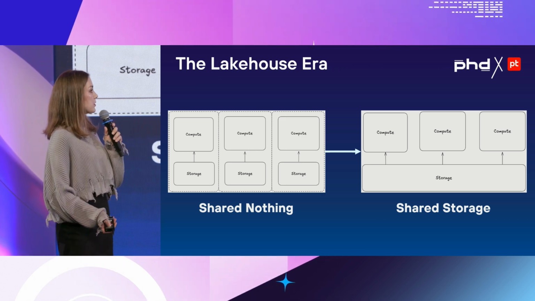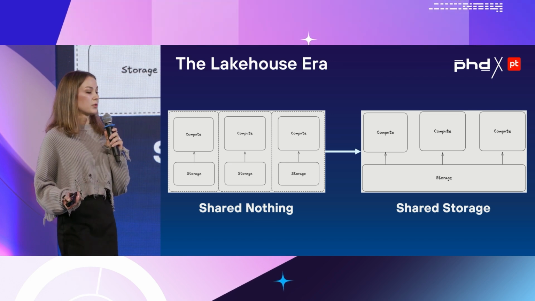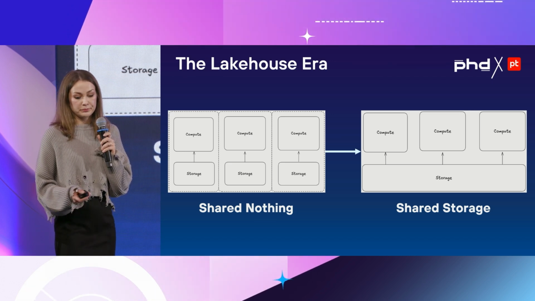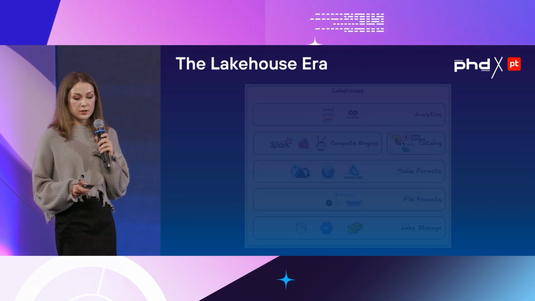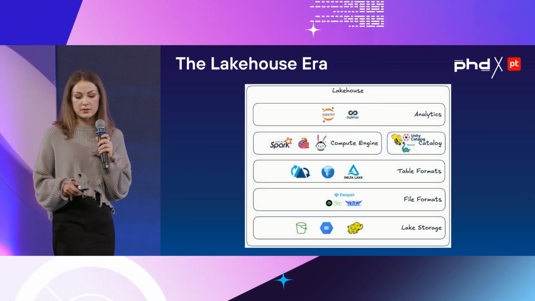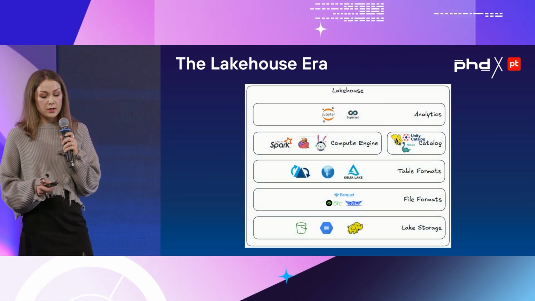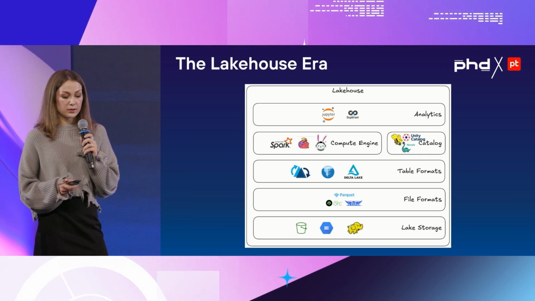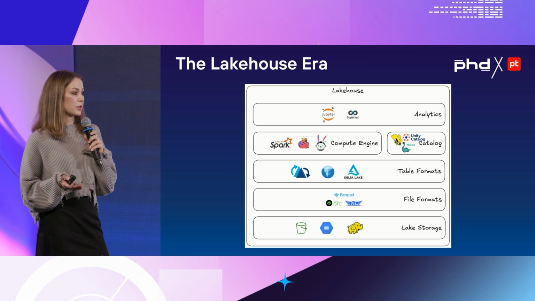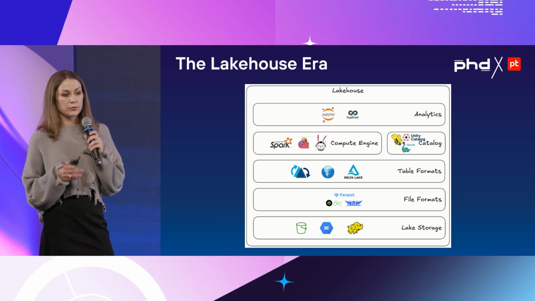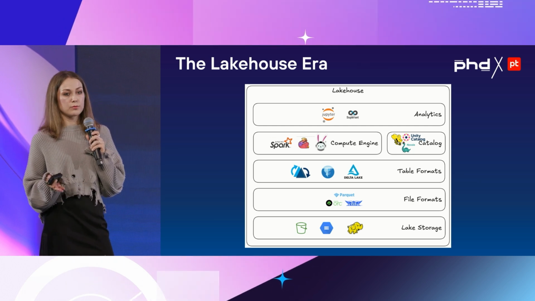We can select different engines for different workloads, and this unties our hands in terms of choosing a technology. And thinking about what technologies could be in the stack, this is data storage, object storage.